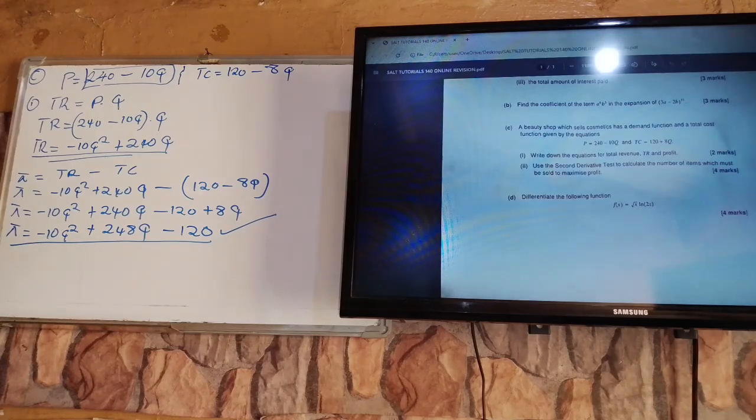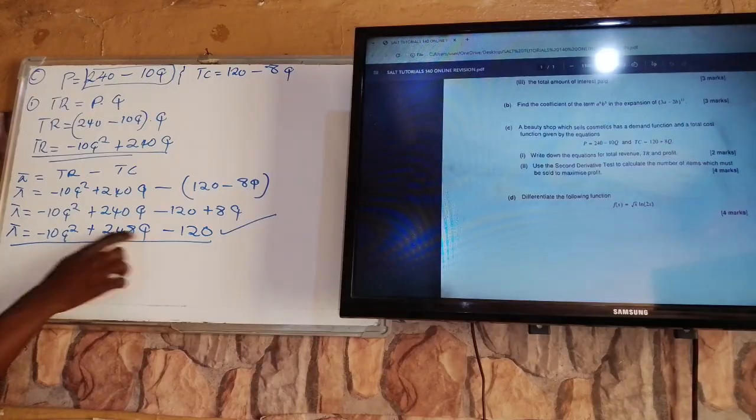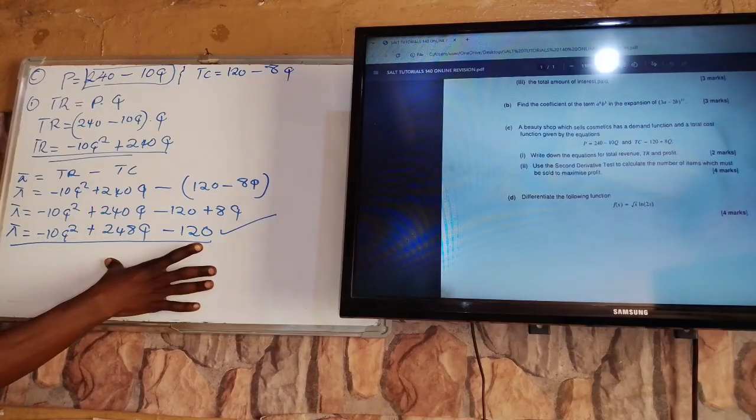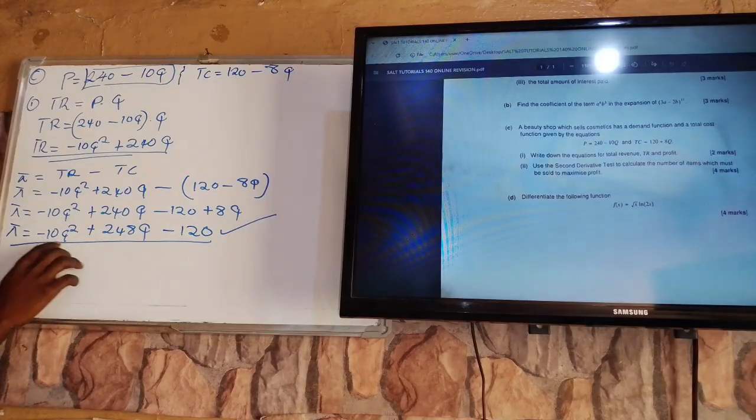So to know how many Q units will maximize my profit, I have to find the second derivative of the profit function and use the second derivative test: if it is less than 0, then it is a maximum point, and if it is greater than 0, then it is a minimum value.